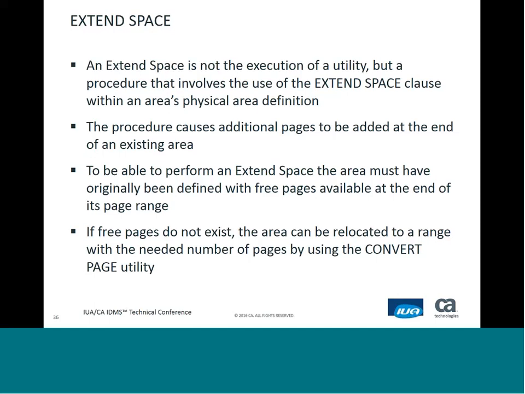So if I have a page range defined of 1001 through 2000, but that DMCL has another area that is using pages 2001 through, say, 3000, we are not able to do an extend space with that area because we don't have pages that we can specify or add to that area. They're already used by this other area that might be totally unrelated to the database area having the problem.